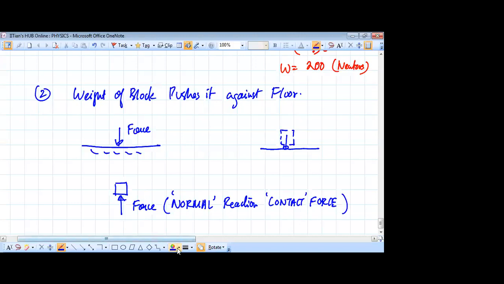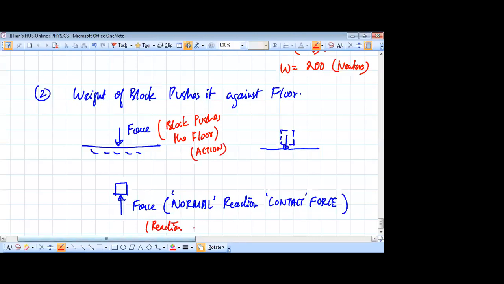So, abhi dekho, you have to understand over here, this and this are the action reaction pair. This is the force with which the block pushes the floor, because gravity is trying to pull it down. So the block is pushing against the floor. So this one now is the reaction force. This was the action of the block on the floor.